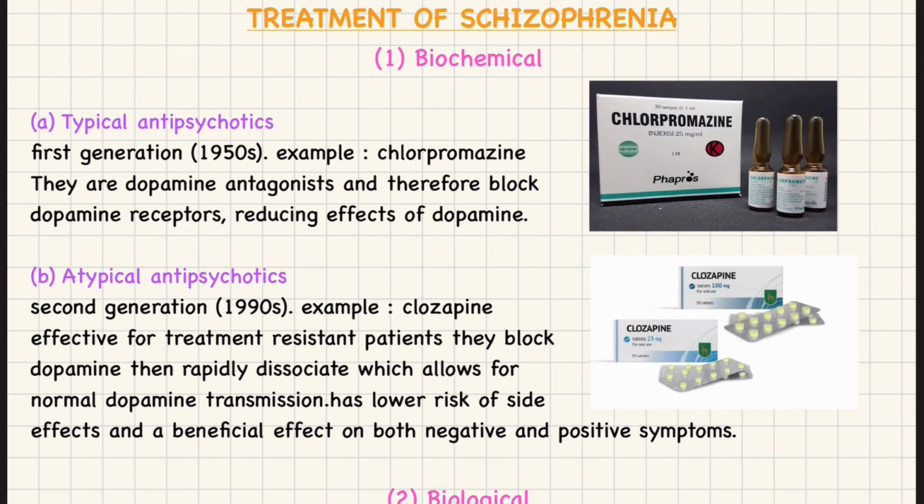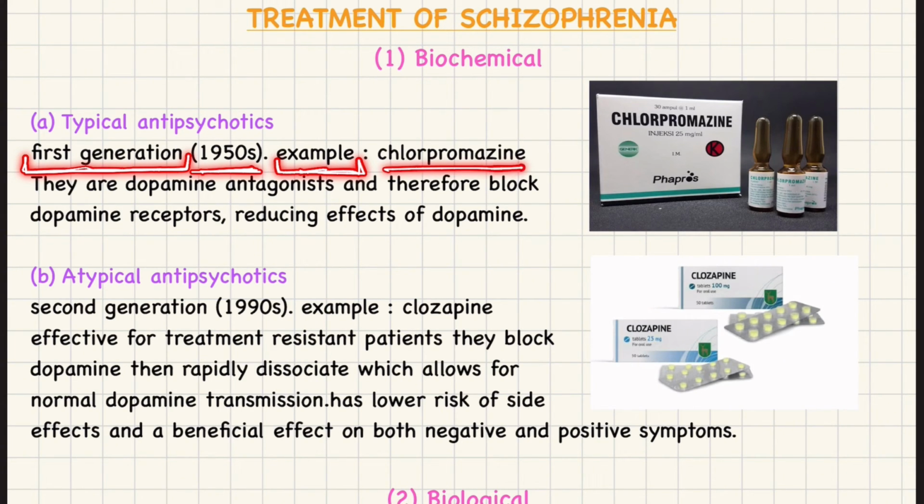These are typical antipsychotics and atypical antipsychotics. Typical antipsychotics were introduced first, way before atypical, and they are known as first generation, and they were introduced in the 1950s. An example of it, which you can learn and it will be helpful in your exam answers, is chlorpromazine.